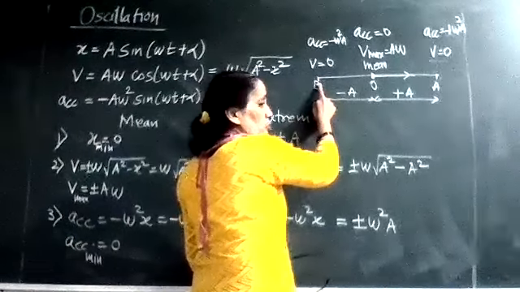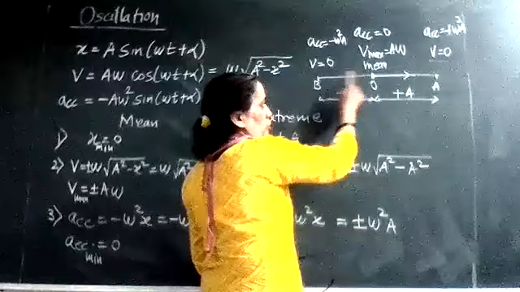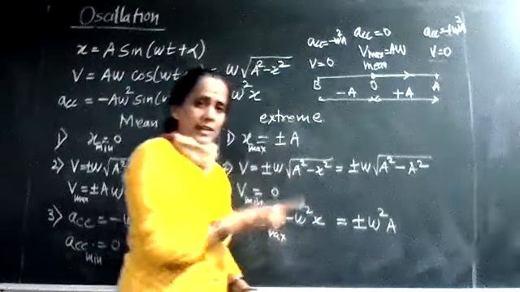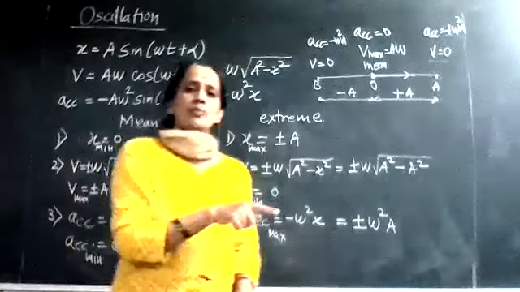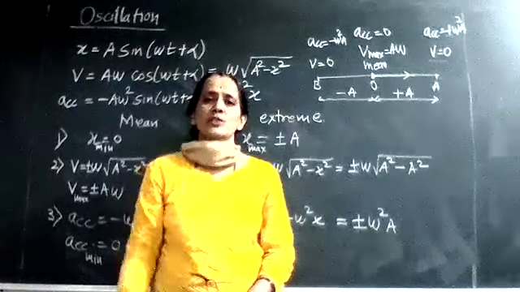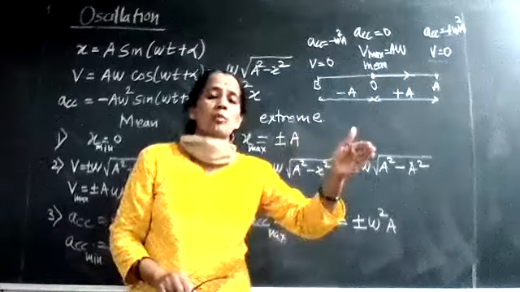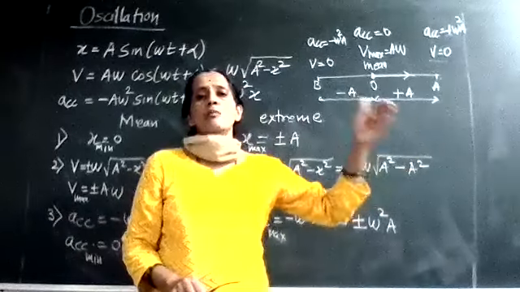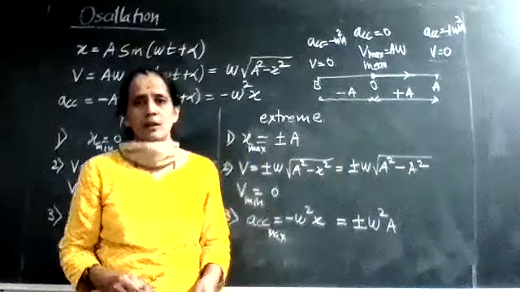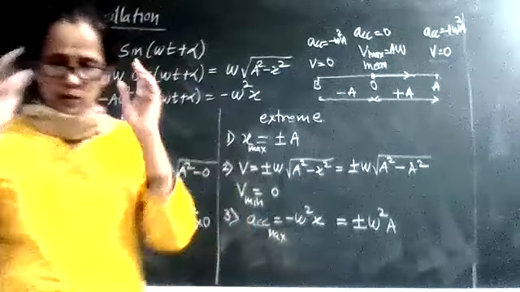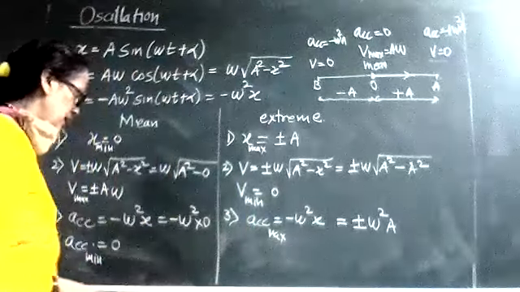When the particle is moving from negative extreme point to mean position. At that time, velocity is positive and displacement is also positive, because you are moving from negative towards the positive. Clear? So in that manner, you can find the maximum value and minimum value.